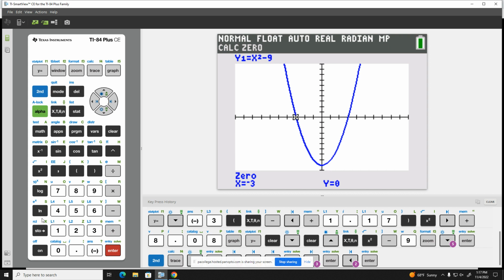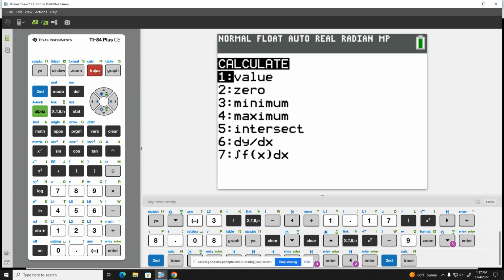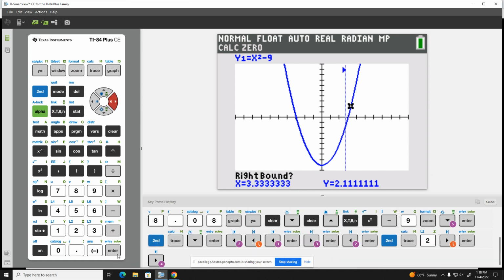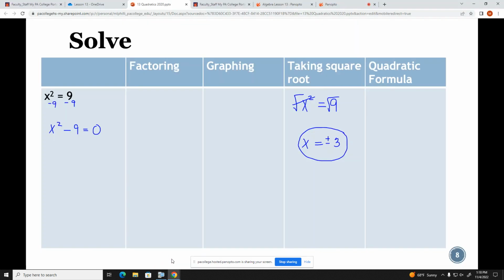I repeat the process to find the second root, or second place that it crosses the x-axis. So again, second trace, select 0. I need to be to the left of the 0, which is about here, and then to the right of the 0. And then I come back and hit enter, and I find the second 0 for this equation. So the two answers that I found were the same two answers I found by the other method.